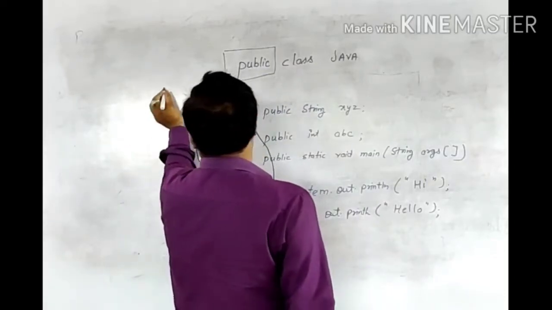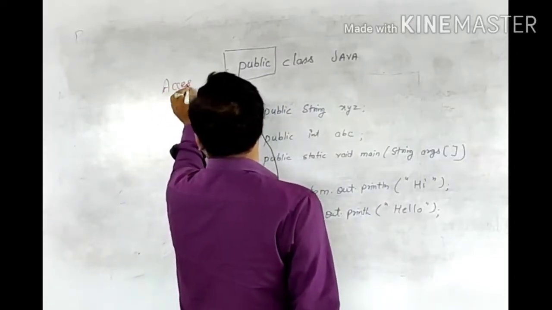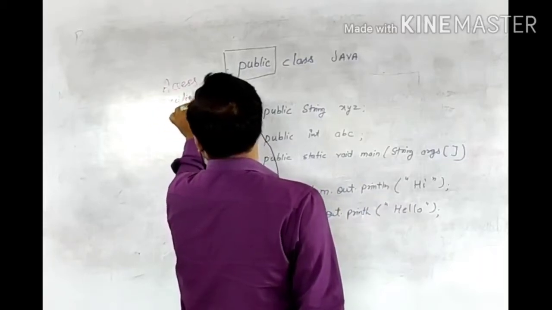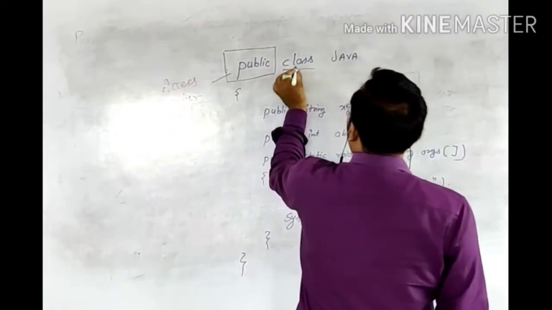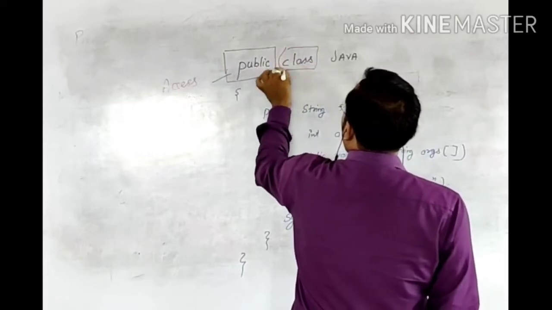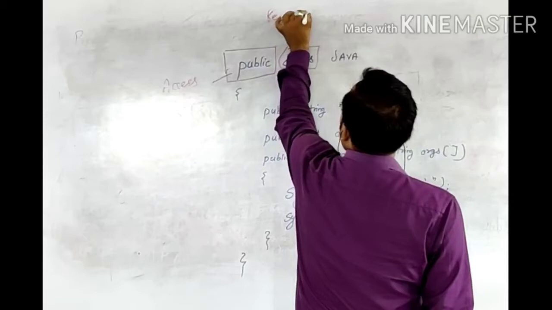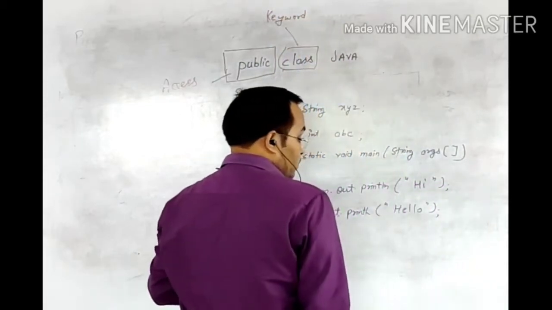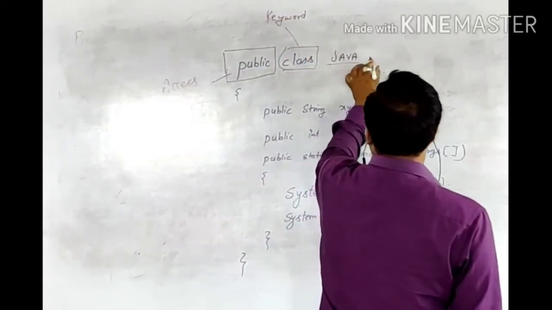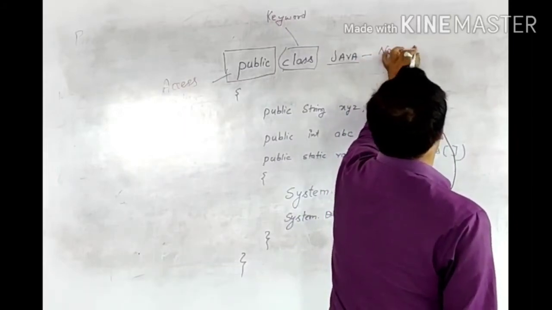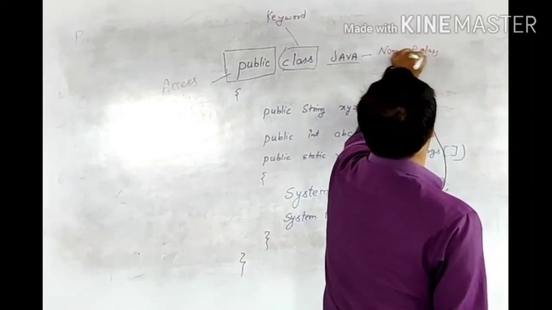This is your access specifier. This is keyword. Okay. Then after that, this is the name of the class.